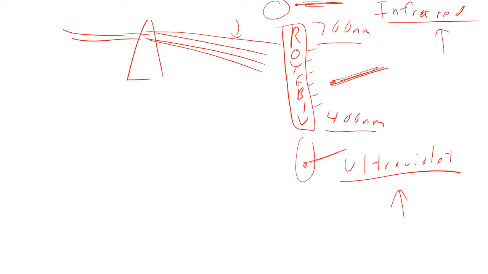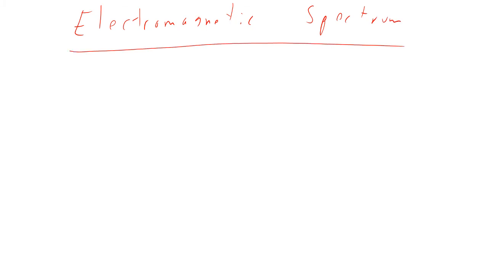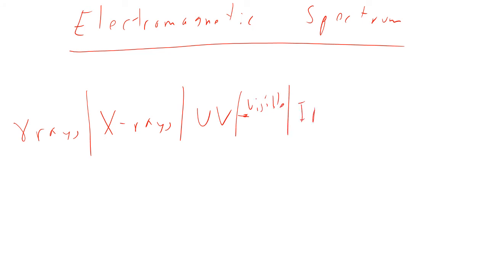So the range of light, it's all electric and magnetic waves. So we call this the electromagnetic spectrum. There's a much prettier drawing of it in the textbook that you can look at. For the electromagnetic spectrum, the shortest wavelengths are gamma rays, and then we have X-rays, and then ultraviolet, and then visible, then infrared, and then radio waves.